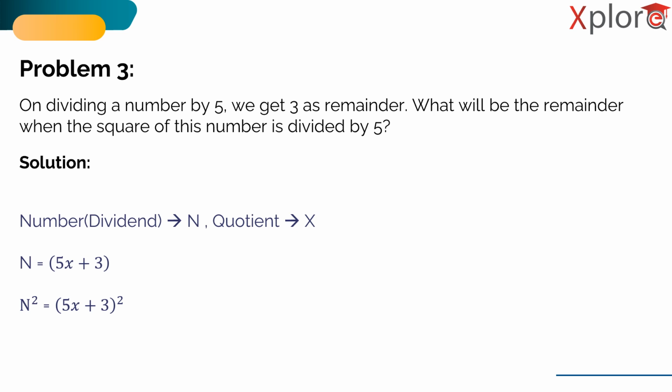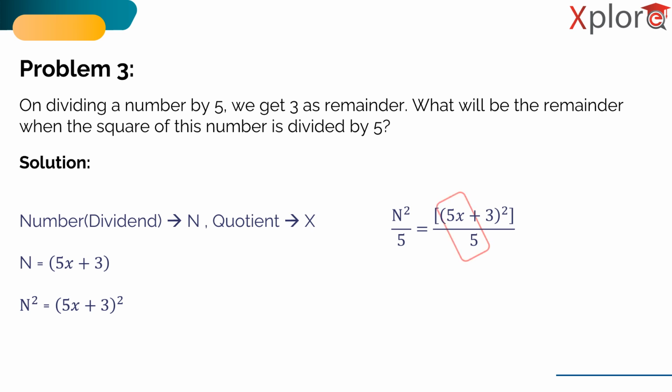Now, n square is equal to (5x plus 3) whole square because we need to make the square of the number. Now we need to divide the square of the number by 5. So I can write n square by 5 is equal to (5x plus 3) whole square by 5.